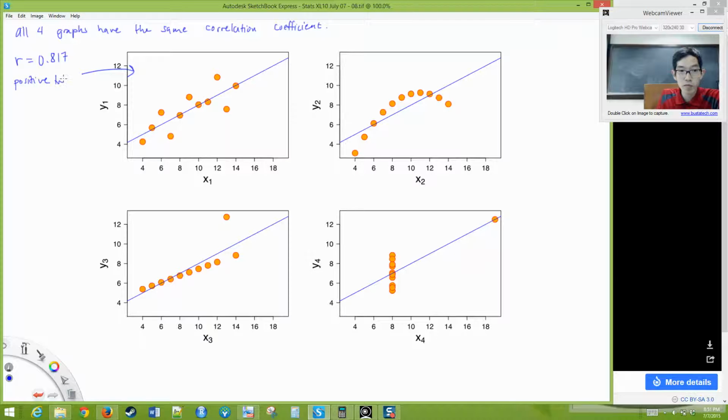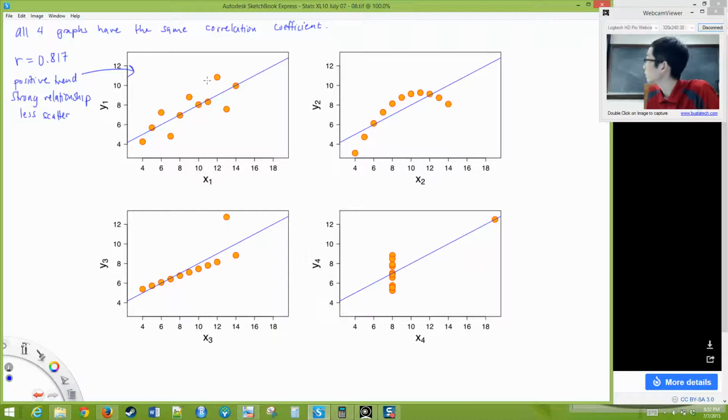Positive trend, strong relationship, less scatter. That interpretation only works for this first graph.